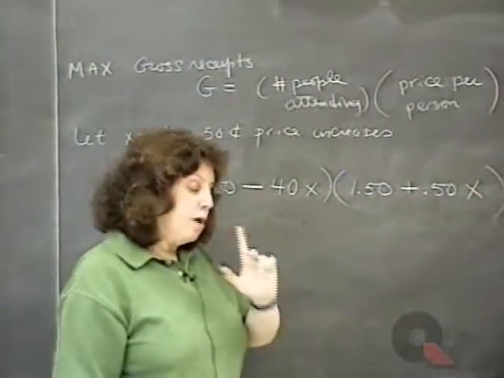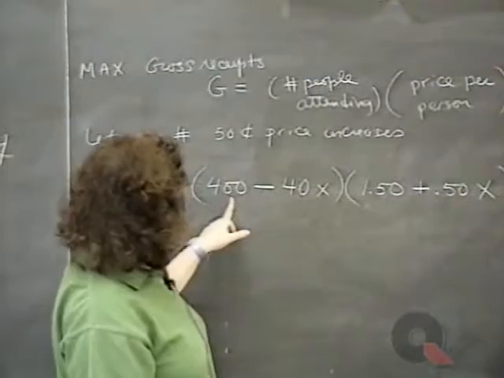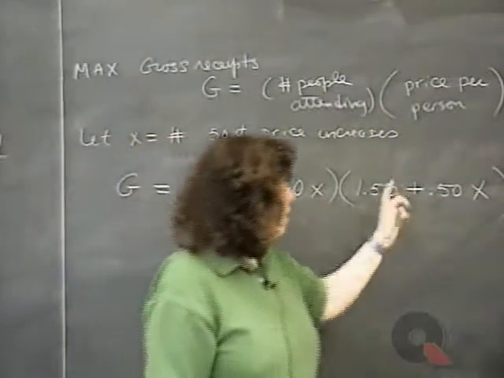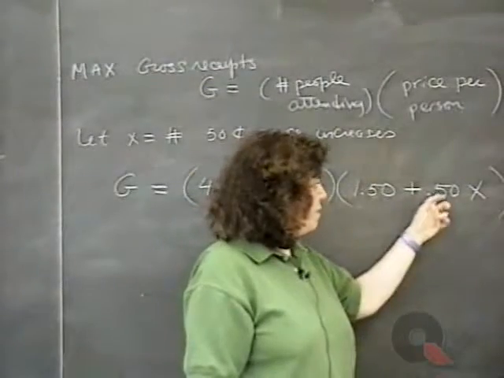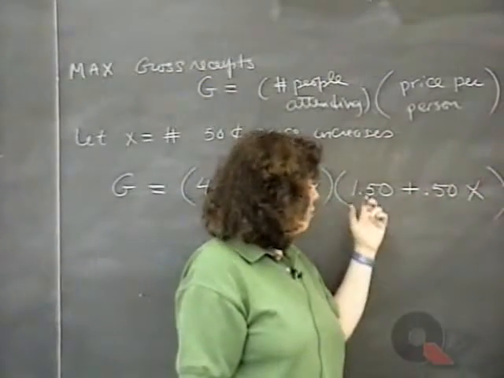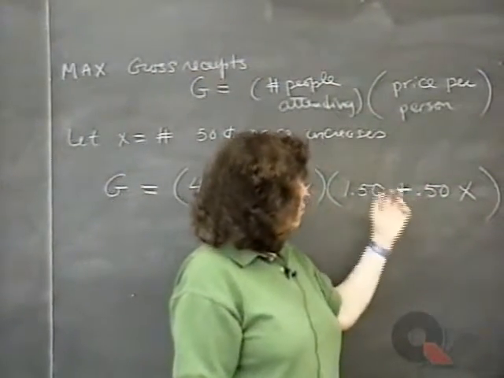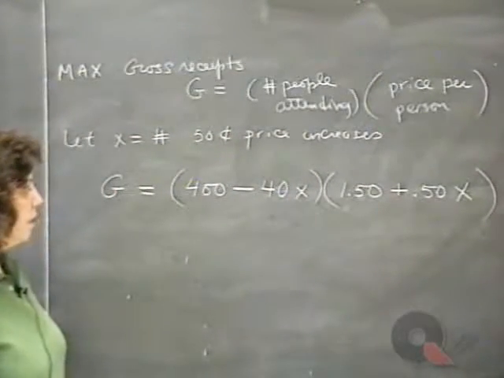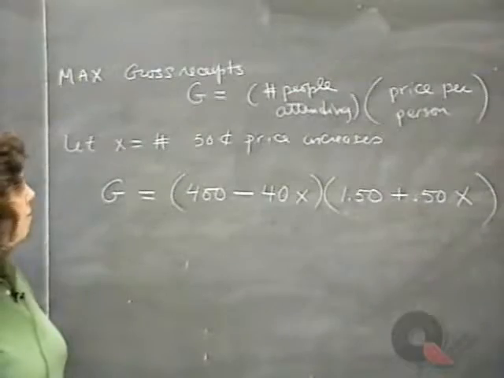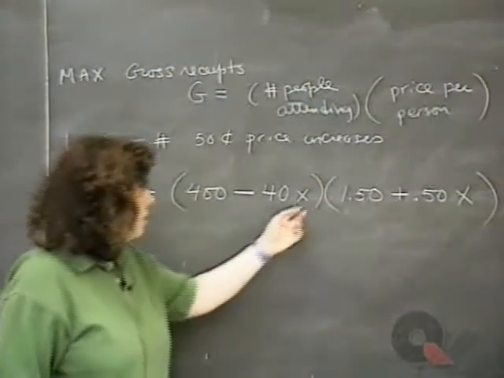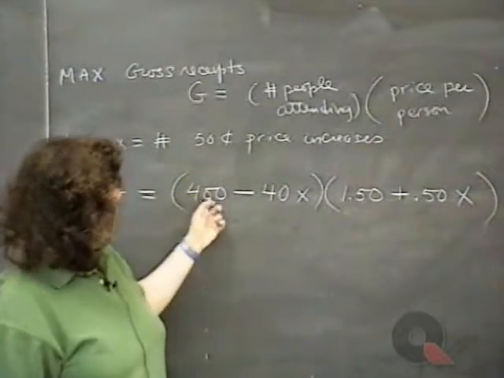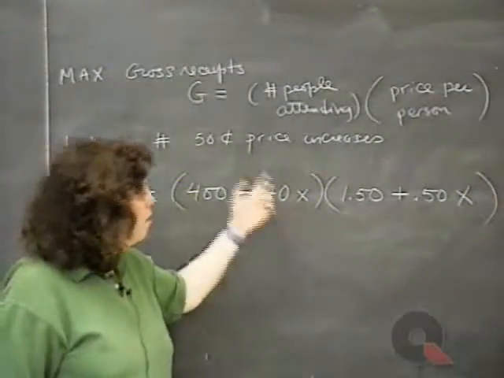If x is 1, one price increase, the number of people attending would be 400 minus 40, or 360, and they're going to be paying $1.50 plus 50 cents times 1, so $2 a person for the 360 people. If you have 2 price increases, then you've decreased the total audience by 80, but the price is now up $1.